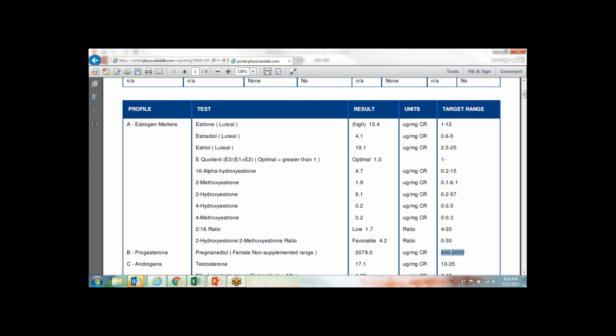However, if that patient, like myself, is estrogen dominant, which I am, I'm not going to feel my best at a 2079, because I'm estrogen dominant. I need more progesterone in order to feel better. And so our target ranges are optimal, but we still need to use our clinical hat to look at these things outside of an individual test-by-test vacuum.